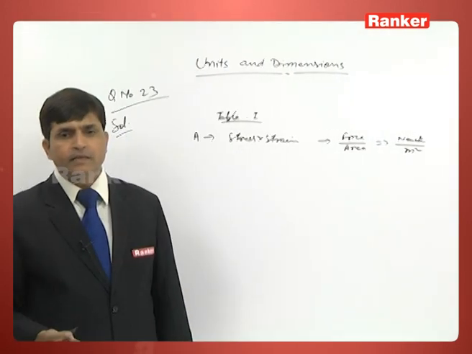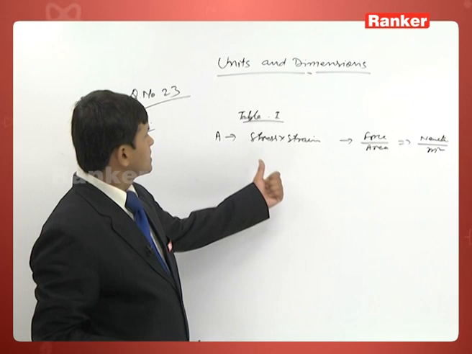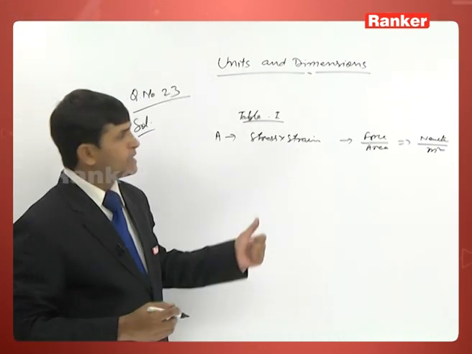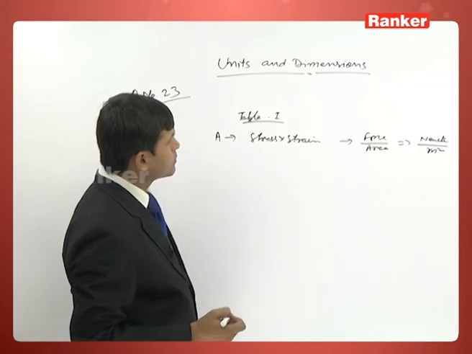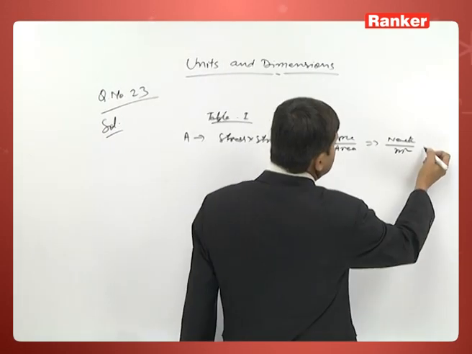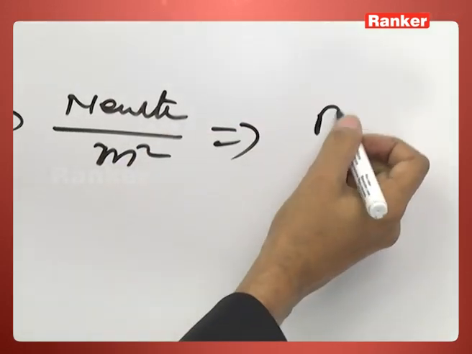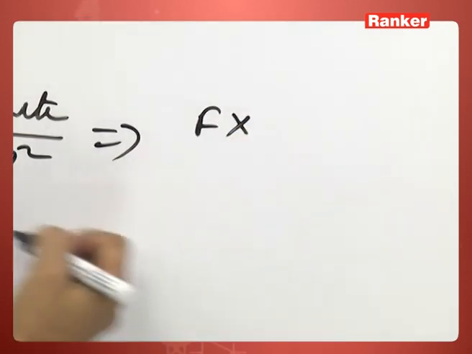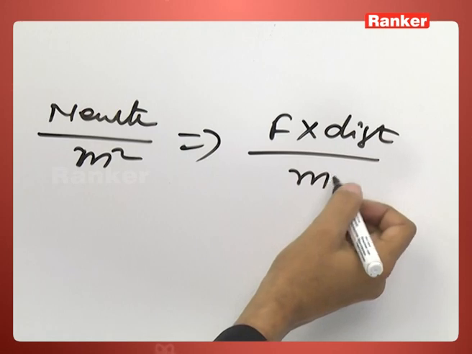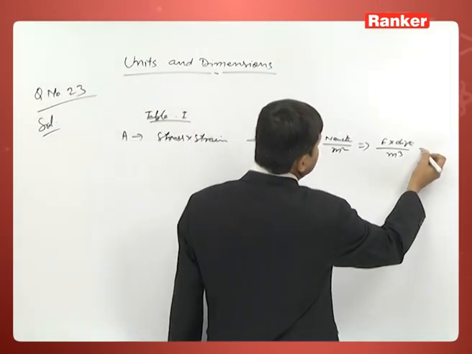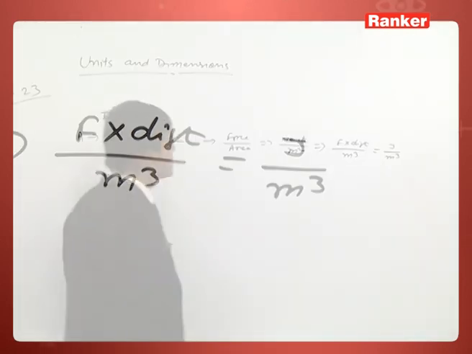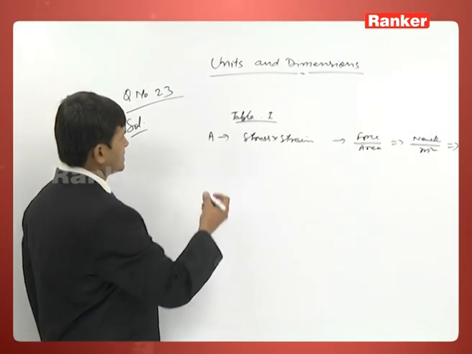So this is the dimension of stress into strain. If we want to convert this, we can convert it to another form. Newton can be written as force into distance by meter cube. So we can say force into distance here is joule per meter cube. This is one of the options.